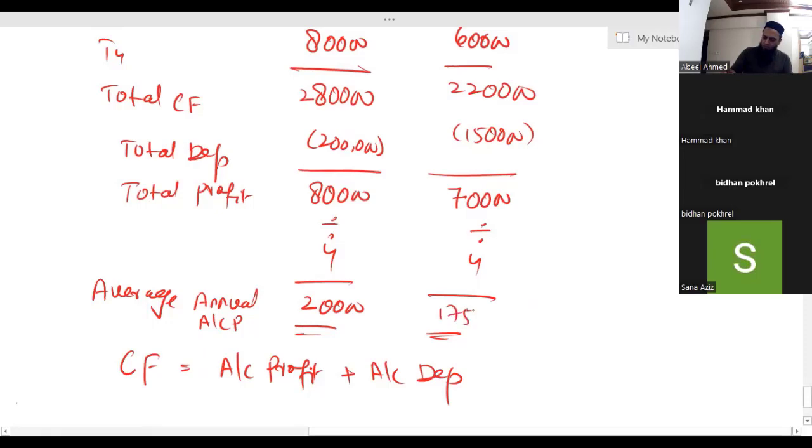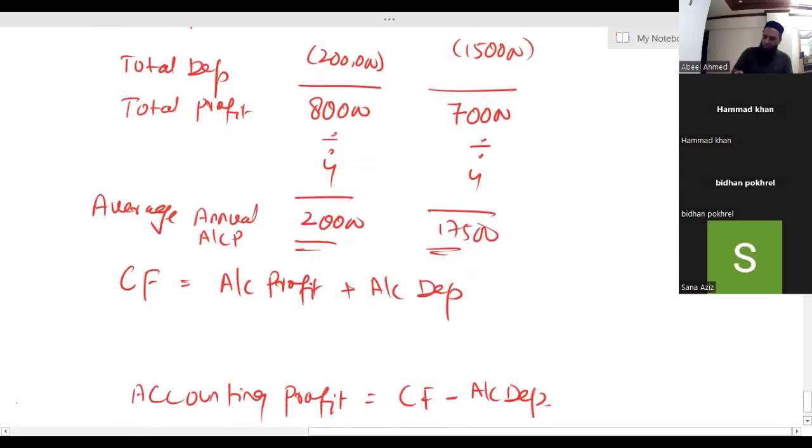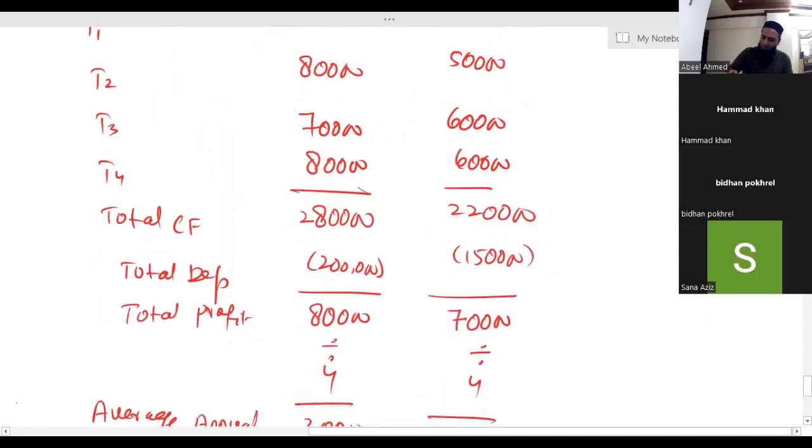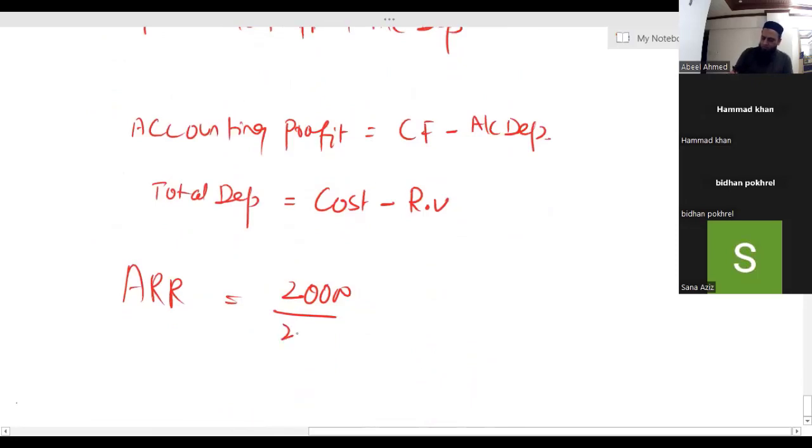Yes. So let's calculate ARR. Project A: annual accounting profit is 20,000, and on the basis of initial investment of 200,000, I'm getting 10%.